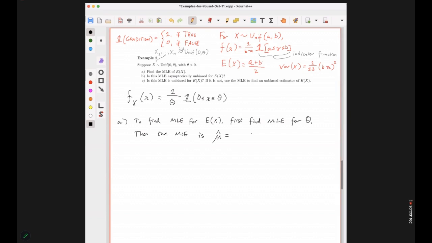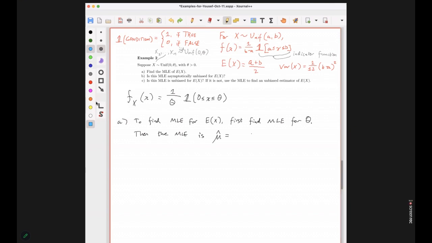So the expectation of x is a plus b over 2. And for us, what is the value of a for this particular example? It's 0, yeah.